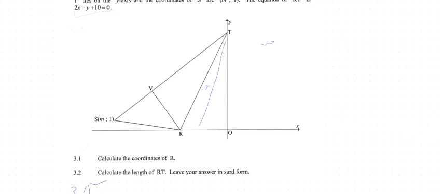Since T lies on the y-axis, I'm just drawing over here: this is the x-axis, and this is the y-axis, and T is over here. T lies on the y-axis and its x-coordinate is 0.